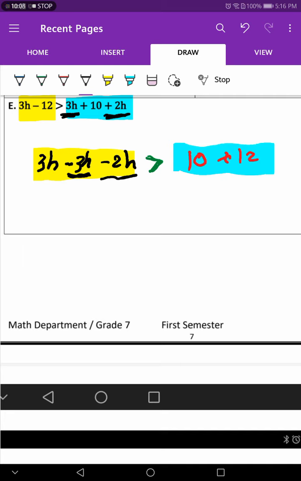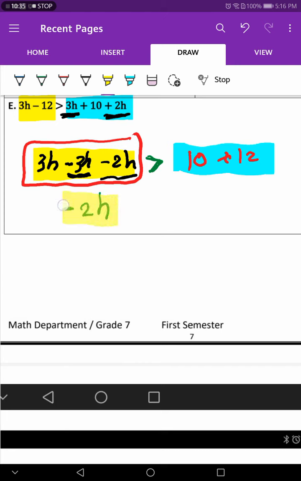Okay, now I combine the terms here in an easy way. It is 3, negative 3, 0. So this will cancel this. Or you can say it like this, to make your life easier: 3 minus 3 equals 0. 0 minus 2h is negative 2h.